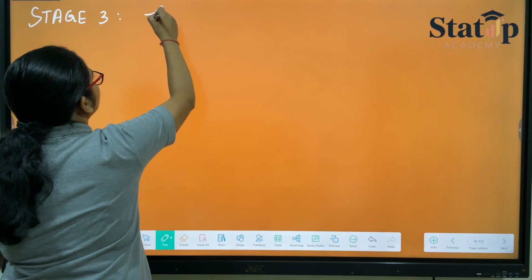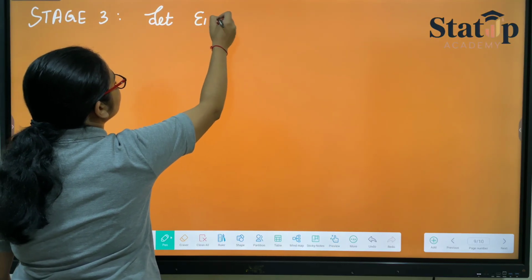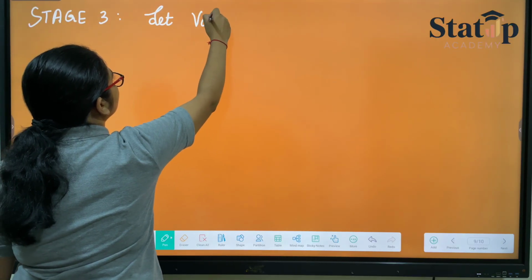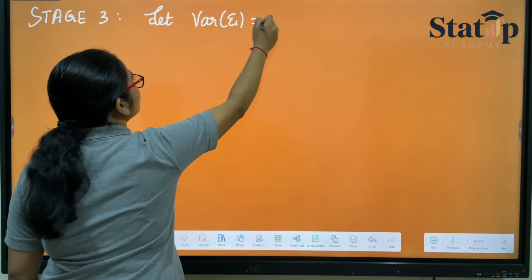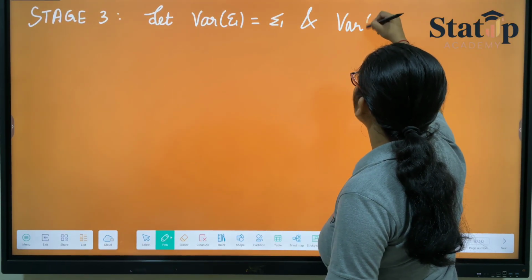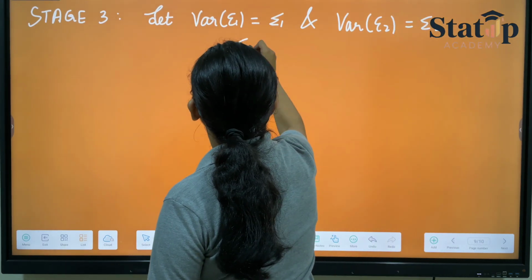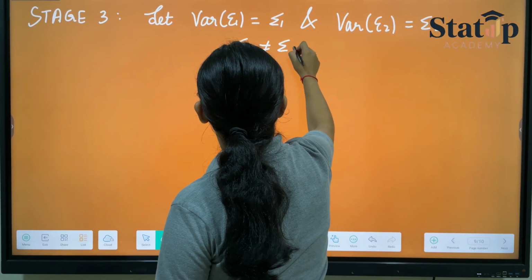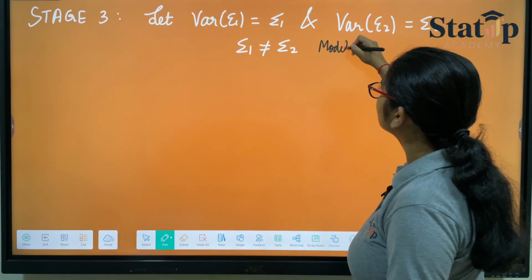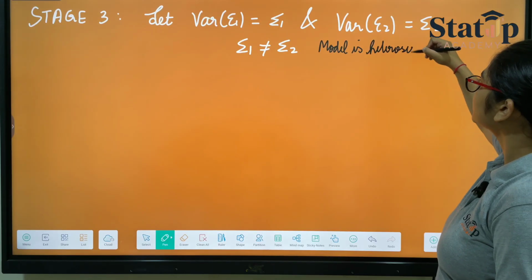Let us consider the variance of epsilon 1 is equal to sigma 1, and the variance of epsilon 2 is equal to sigma 2. Since sigma 1 is not equal to sigma 2, we can say that our model is heteroscedastic.